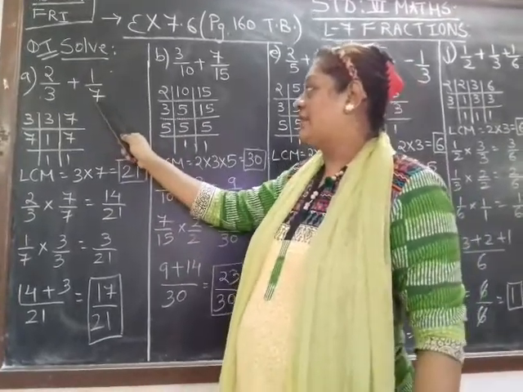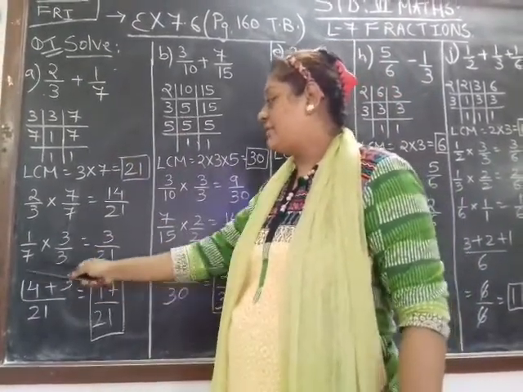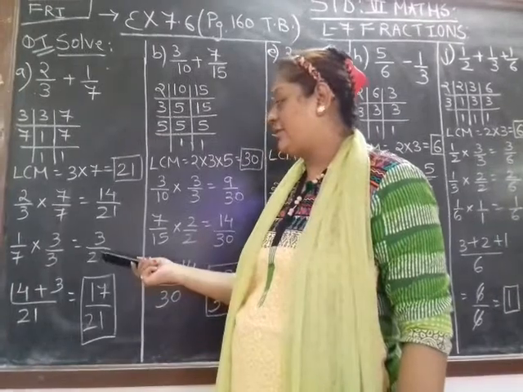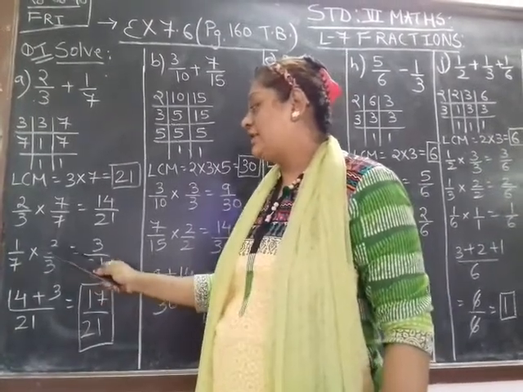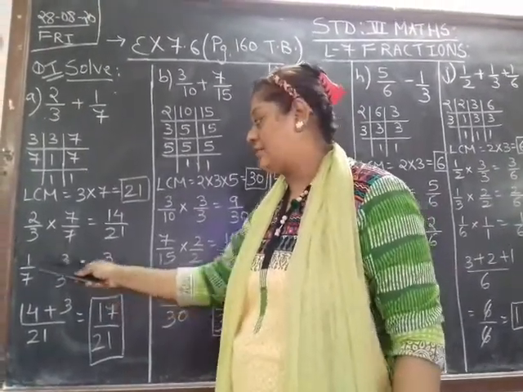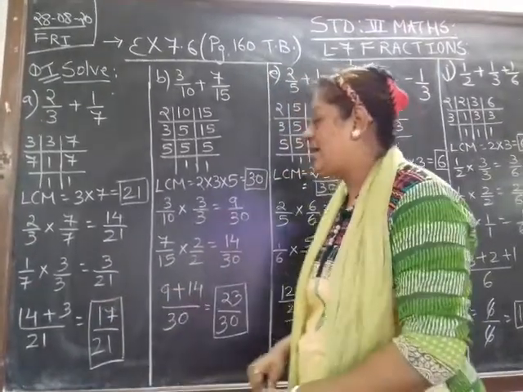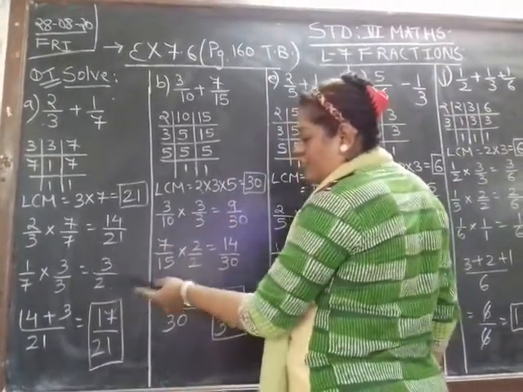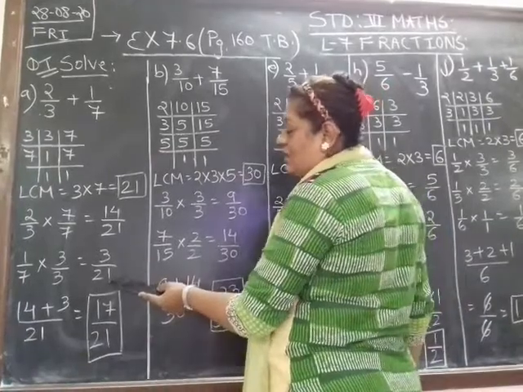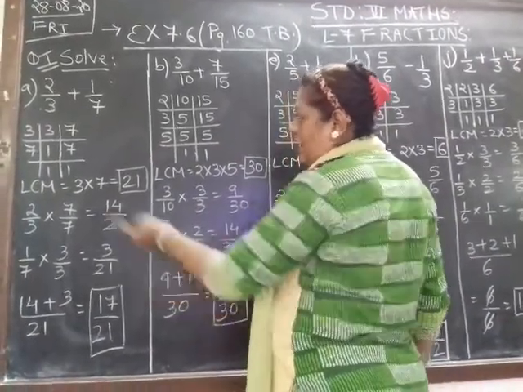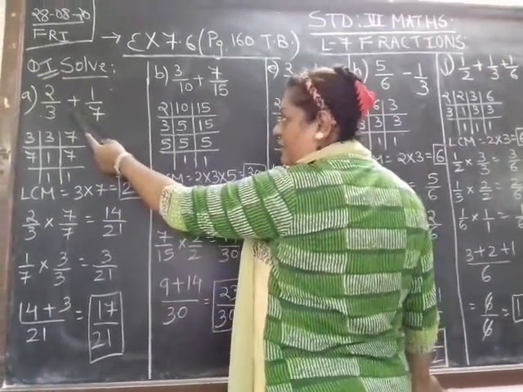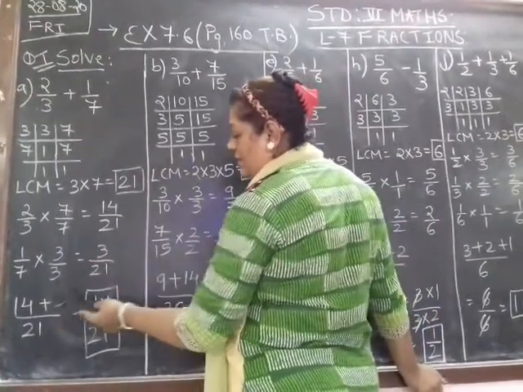Again take the old fraction, 1 upon 7. Which number will you multiply to get our new denominator 21? 3. So 3 in the numerator and 3 in the denominator. So 1 3s are 3, 7 3s are 21. Now you can see we have new fractions with the same denominator 21. In between we have the addition function to solve. So 14 plus 3.